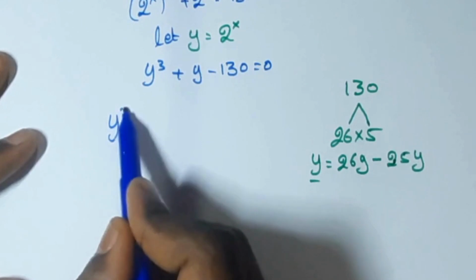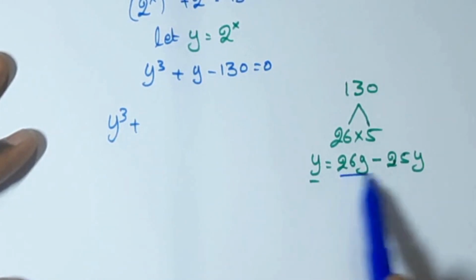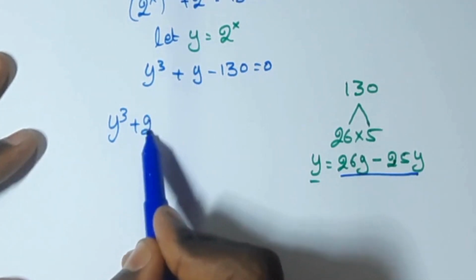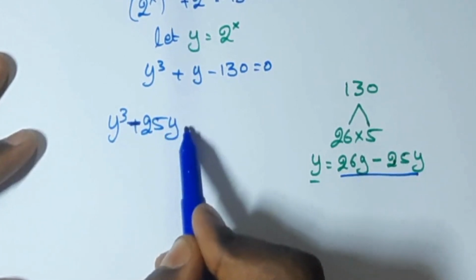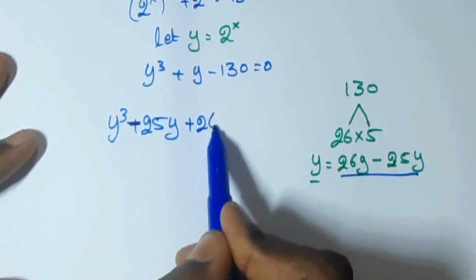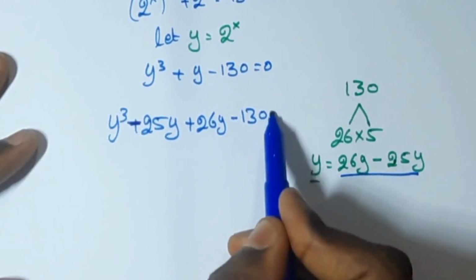Y to the power of 3. This one y can be written as this: y cubed minus 25y plus 26y minus 130 equal to 0.